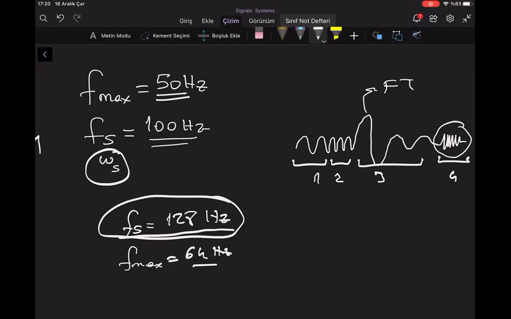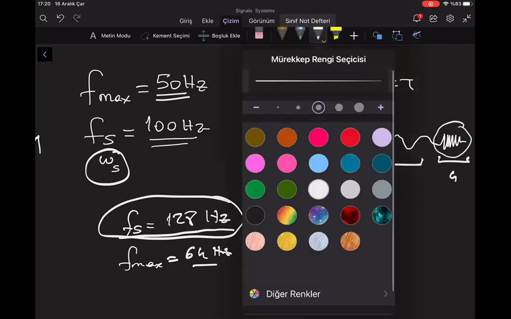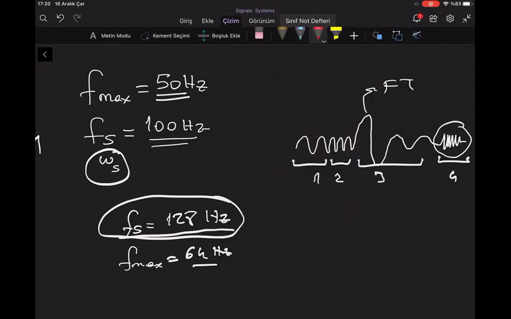So if I select my sampling frequency, benimle misiniz gençler? Beraber miyiz? If I select my sampling frequency like this, will this be enough to sample this part? What will I have?